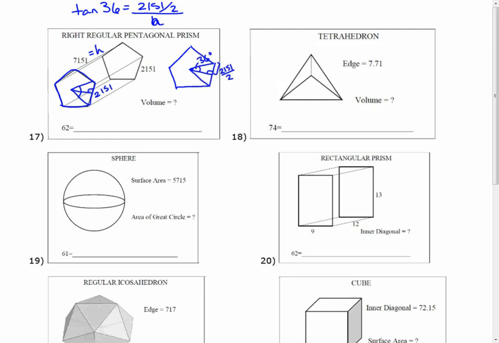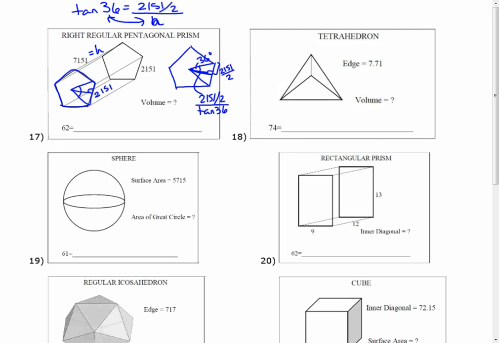So I'll go ahead and put A just to make things make more sense. So if I want to solve for A, that means that these have to swap places. So that means this height of this triangle here is going to be 2151 over 2 over the tangent of 36.